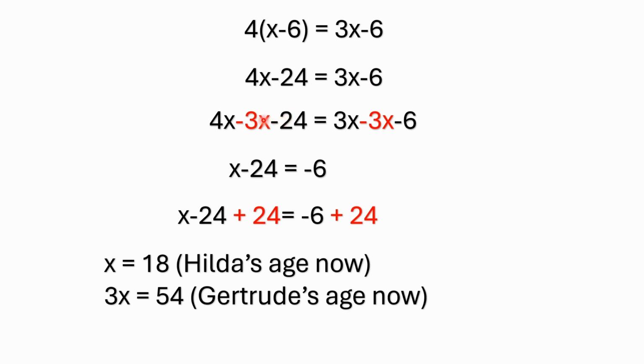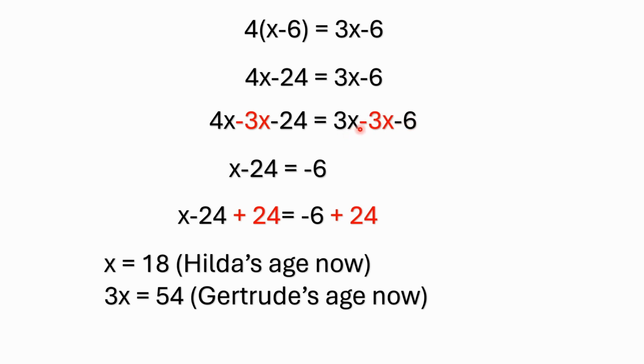Now we want to try to isolate x on one side of the equation and hopefully have constants on the other. One way we could go about that would be to subtract 3x from both sides of the equation. So 4x minus 3x minus 24 equals 3x minus 3x minus 6.